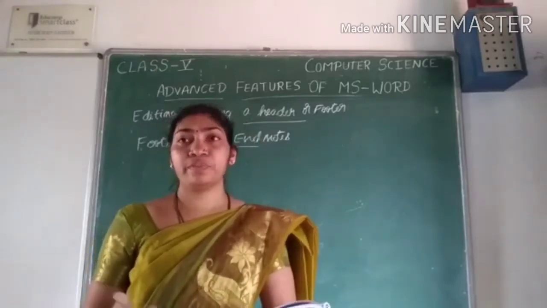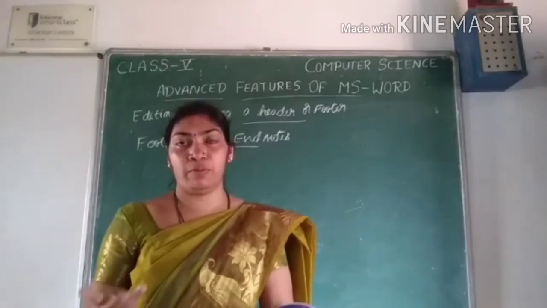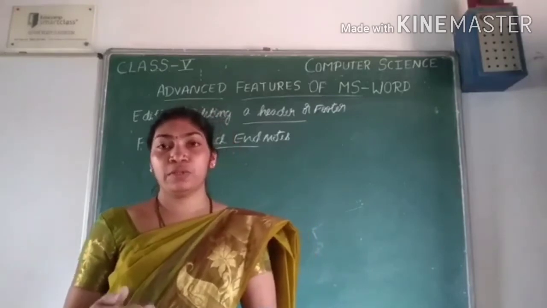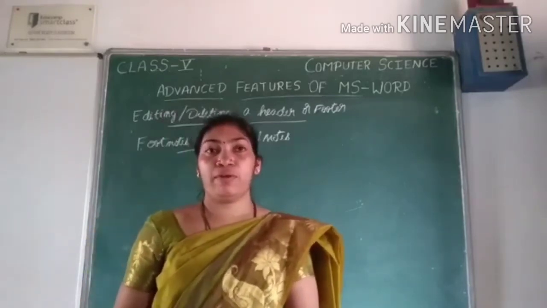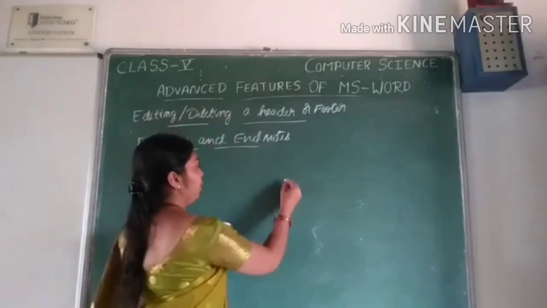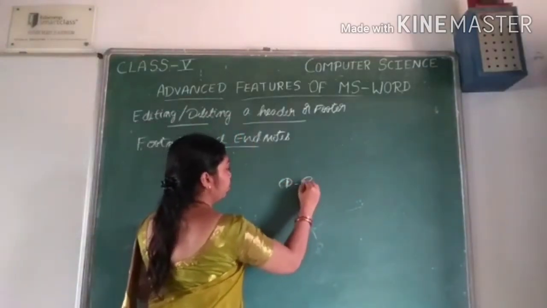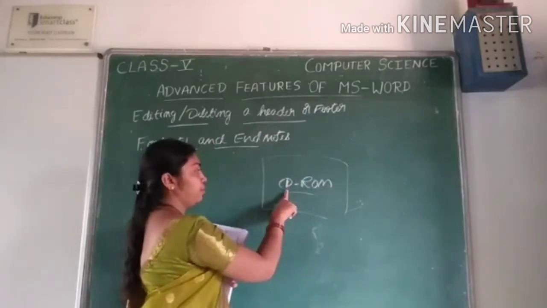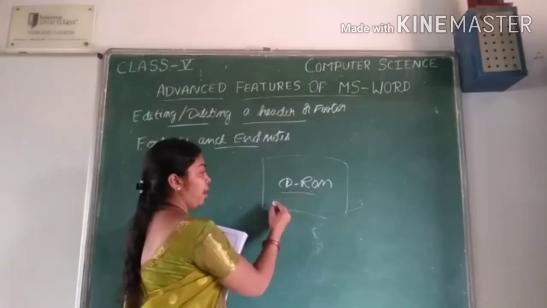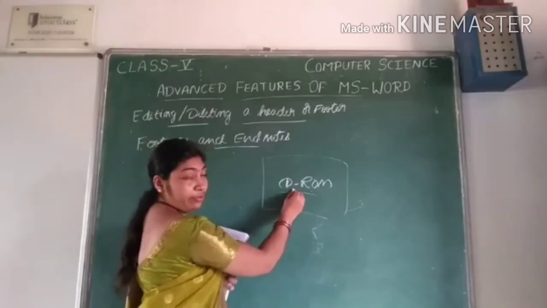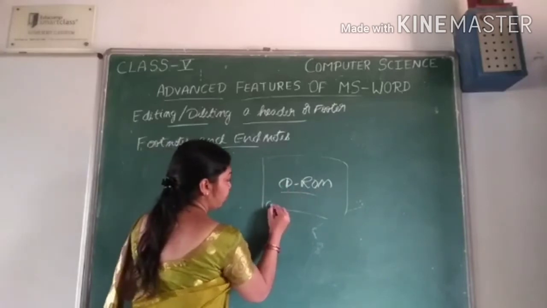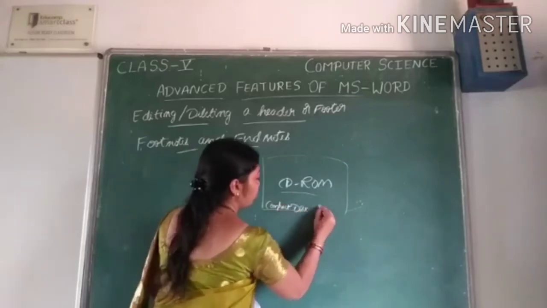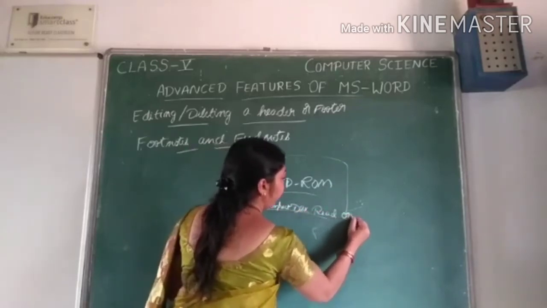Say there is an essay on input and output devices, and you know which are the input and output devices. Even CD-ROM is also a storage device. So in the document, in between, you can find the abbreviation CD-ROM, and this abbreviation CD-ROM stands for compact disk read-only memory.